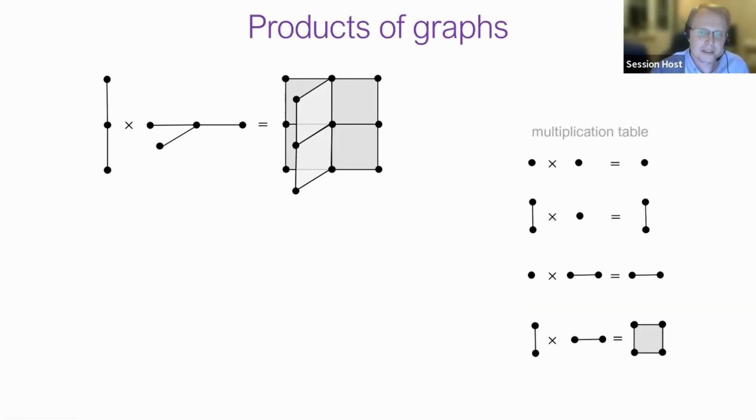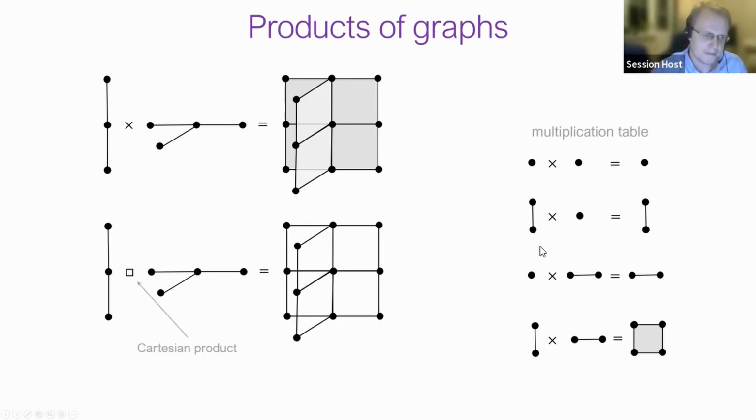Let me briefly describe what a product of graphs is. The product of graphs is a very natural idea. You apply the standard product in the topological sense, and you can consider graphs as one-dimensional objects, and when you multiply them, you obtain a two-dimensional object, and you can use this multiplication table.